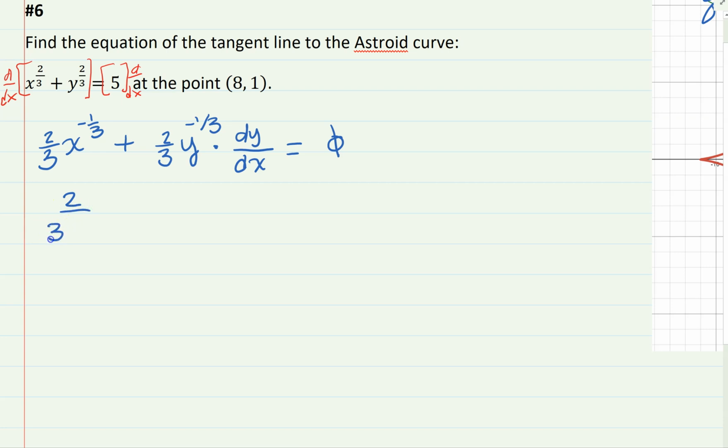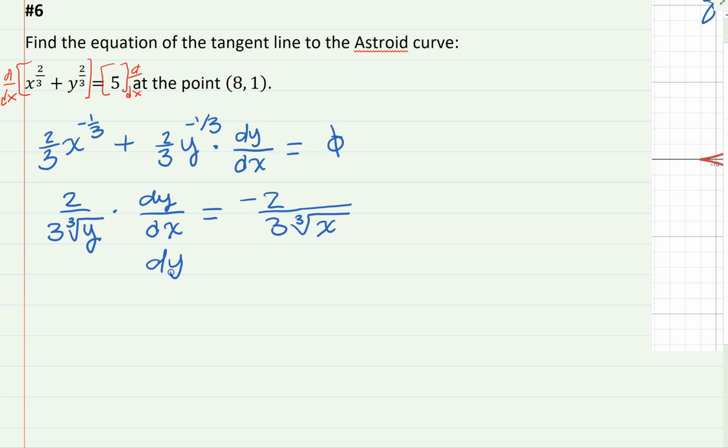Okay, so in order to solve for dy/dx, we keep that on one side, and I will go ahead and throw the negative exponent down on the denominator and write it as cube root, multiplied by dy/dx, is equal to negative 2 over 3 cube root of x.